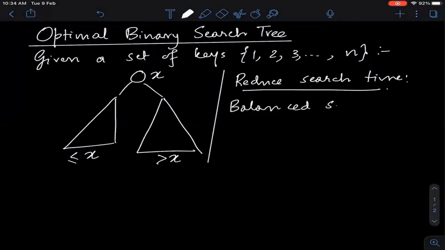The most common example of a balanced search tree, I'm sure all of you have read about this at some point, are AVL trees. But there are other kinds of balanced search trees as well.